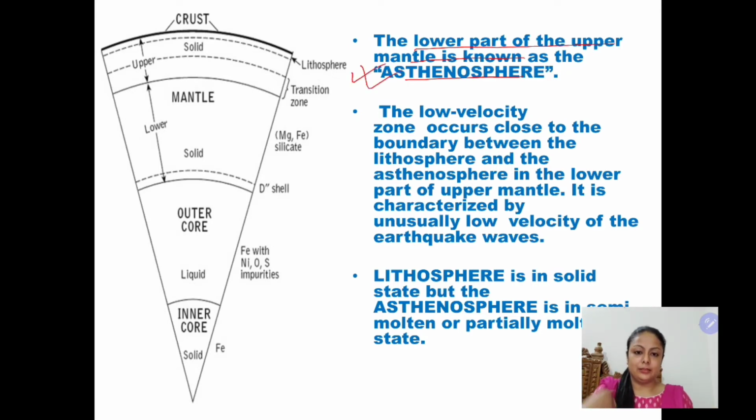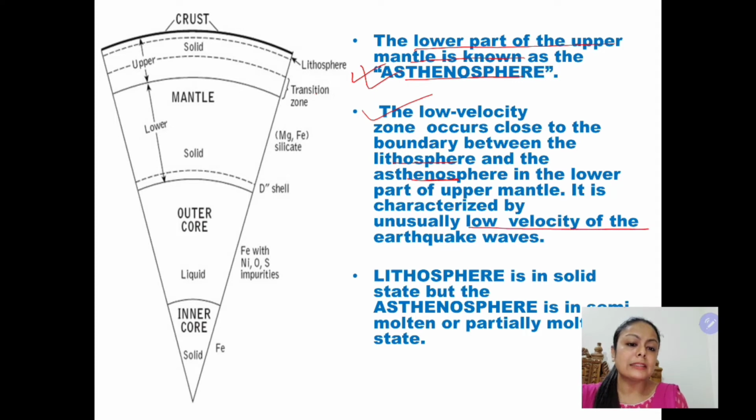Let's proceed. The low velocity zone occur close to the boundary of lithosphere and asthenosphere. So where there is a boundary, the zone of transition. So here this is a low velocity zone because the velocity of the earthquake waves reduces.